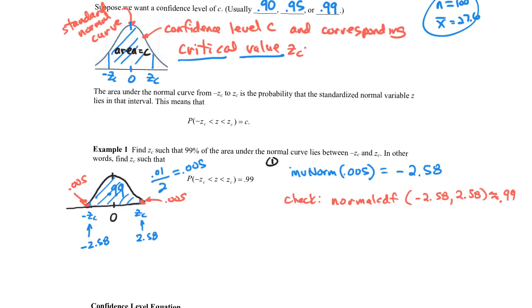We'll say number one, you can do this with a TI-83 or 84. And number two is with table 7.2. And I'll show you a picture of it in a second here, but it is on page 362 in the book. It's on page A23 in the appendix. It's in the inside front cover. It's all over the place.